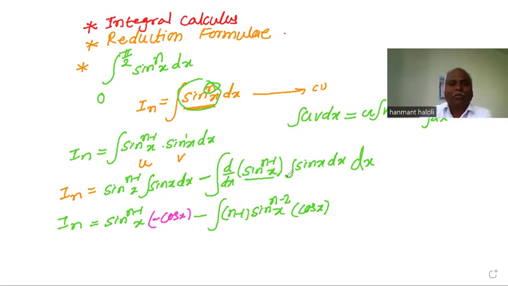Now again we have to use the concept of integration for this one. The integration, I'll write here, is minus cos x, and the whole thing is the bigger integral with dx, and this can be written as minus sine raised to n minus 1 x into cos x into cos x.